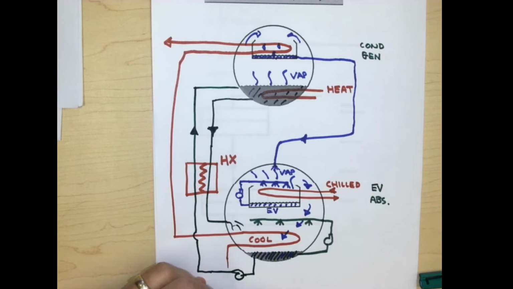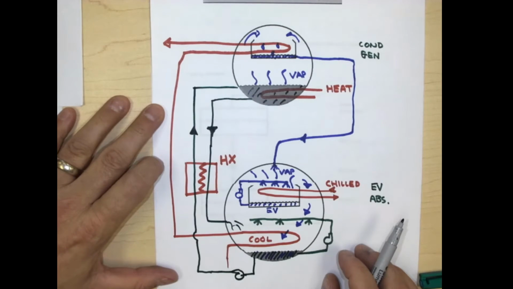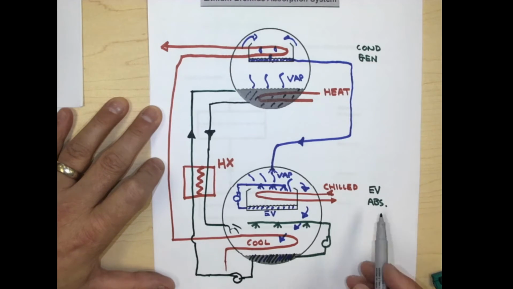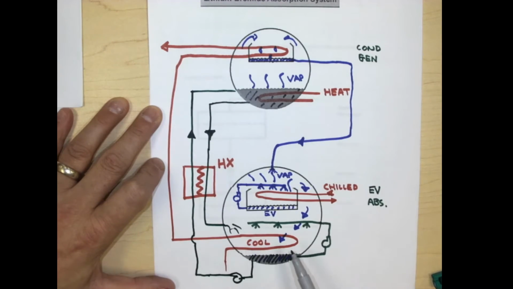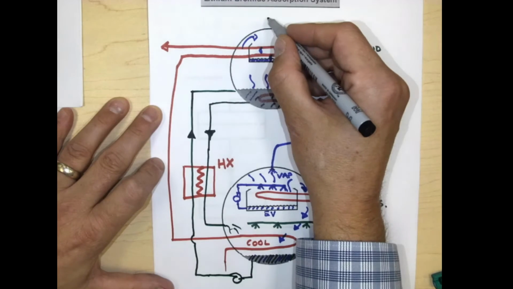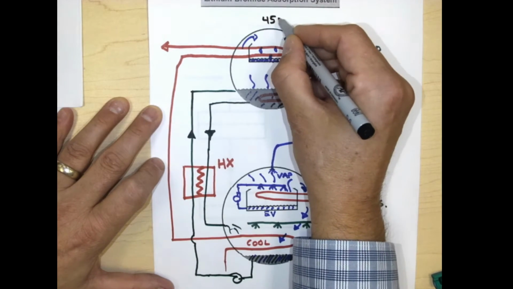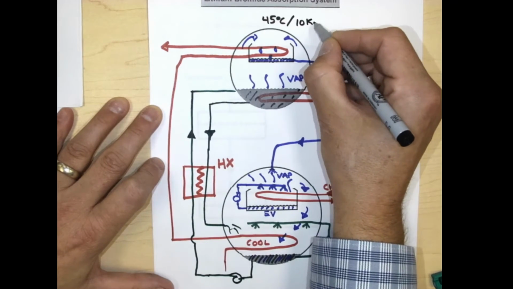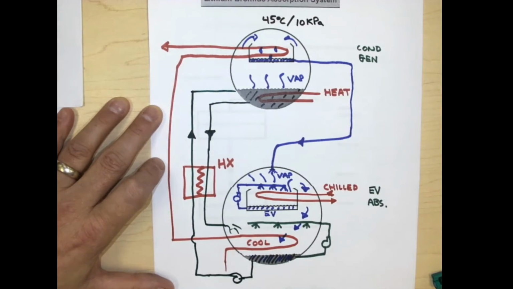My system, because it's water as my refrigerant, operates at low pressures. So generally my condenser is going to operate at the highest temperatures and pressures, and maybe we're somewhere around 45 degrees, and somewhere around maybe 10 kPa would be the pressure in the upper vessel.